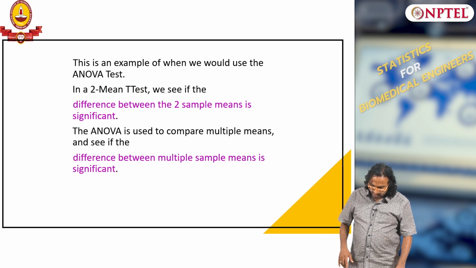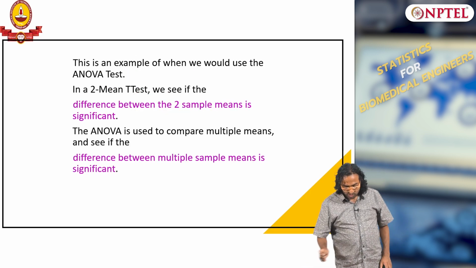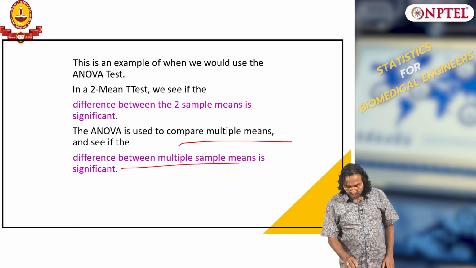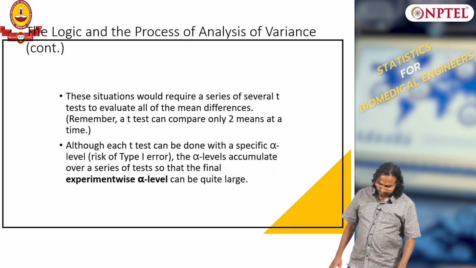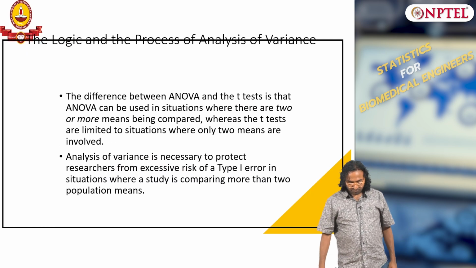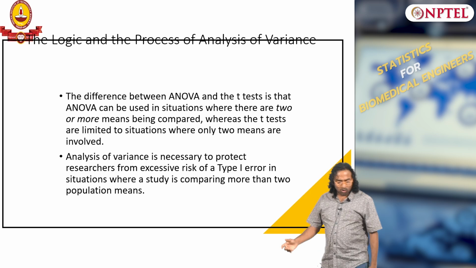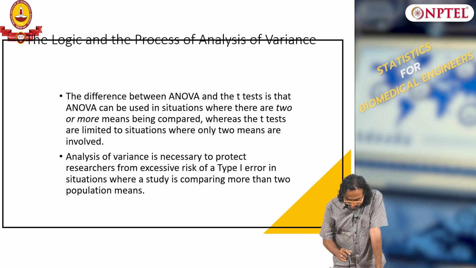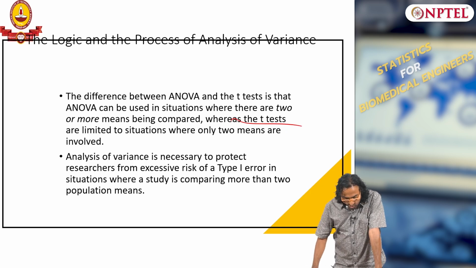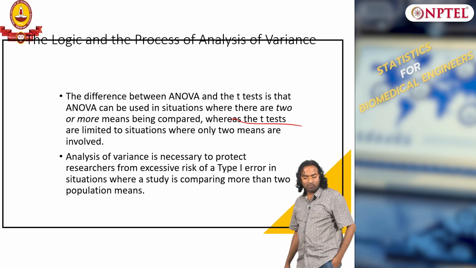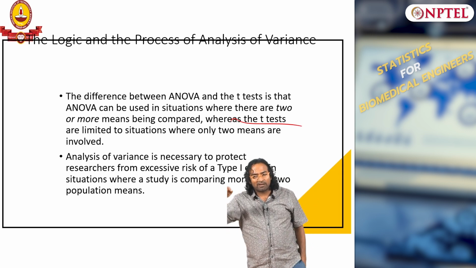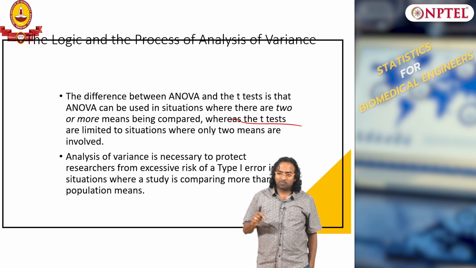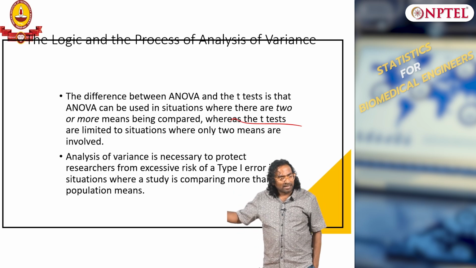So that is where we talk about ANOVA. It is used to compare multiple means, and whether the difference between multiple means is significant or not significant is the question we are asking. As I told you, you want to compare multiple, so t test will not be useful, and it is also a way to protect from excessive risk of type 1 error, meaning every time you compare AB, you will have a type 1 error with alpha equal to 0.01, and then again for the next.